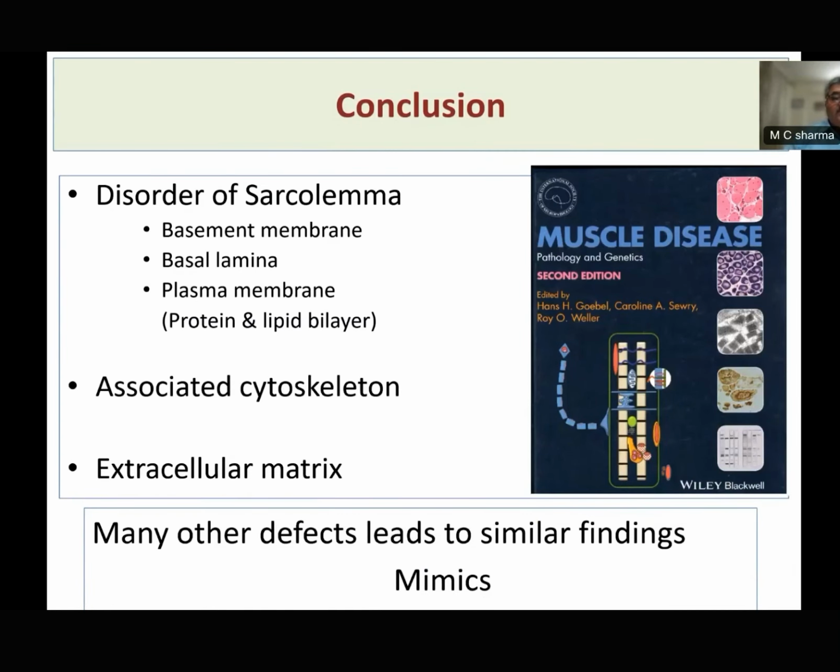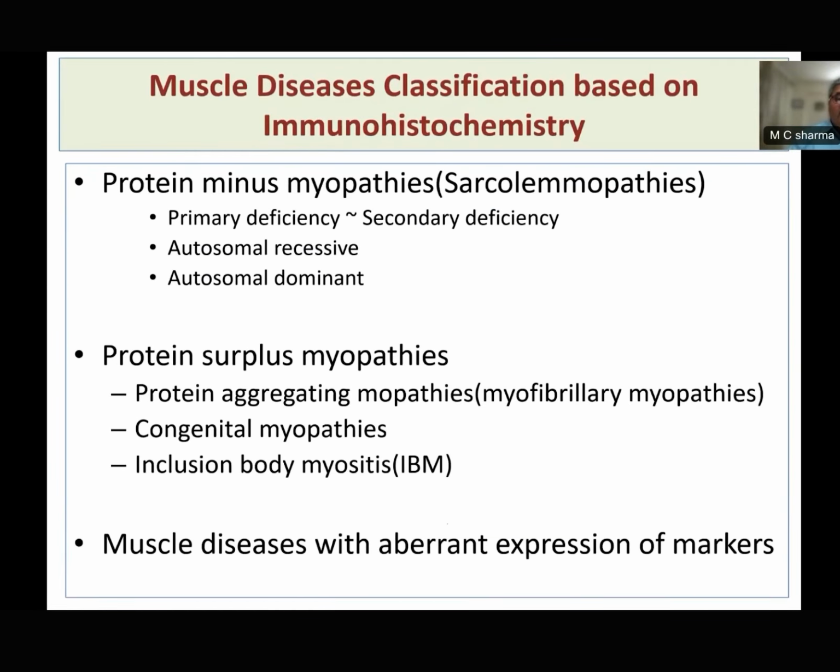So coming to the end, one of the biggest problems in the classification was in 2011 or 12. After that there are a lot of changes, but there's no official classification from the WHO. It has become difficult now. One way is protein minus myopathy, the muscular dystrophies, where the gene is defective and the protein is absent.